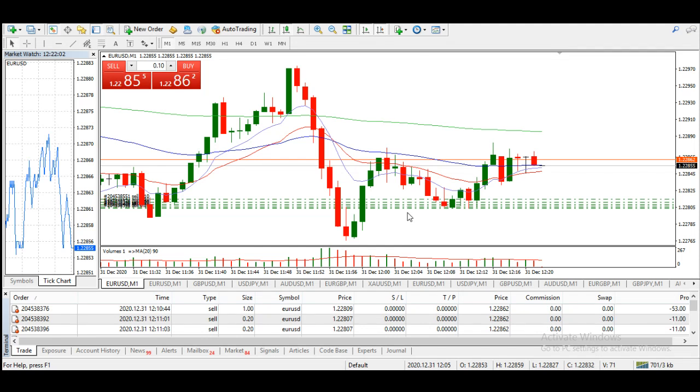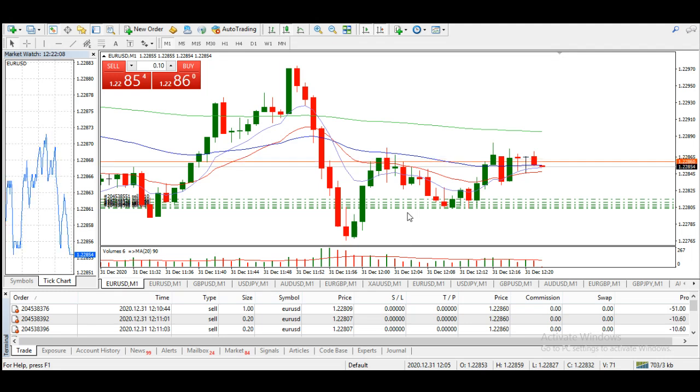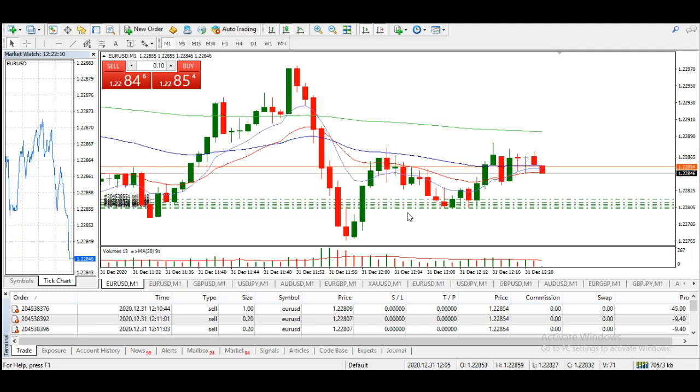What is the price dictating? What is the price indicating? Why is the price creating this pattern exactly? We have too many patterns, okay, in uptrend, in downtrend, in consolidation, and you have patterns for the continuation of a trend, you have patterns for the reverse of a trend.